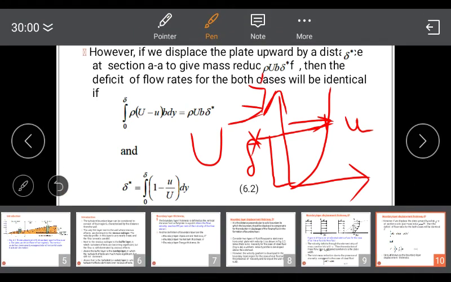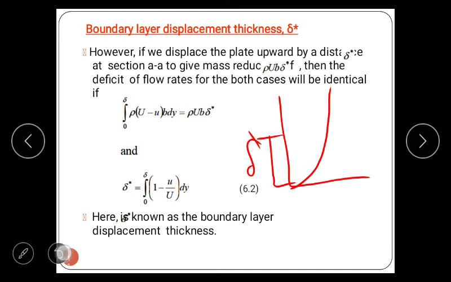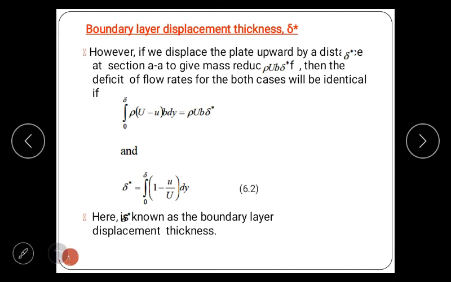From that we have taken this formula, and this formula is important for us. Once we remember this formula, the further formulas are also related with the same, with slightly more addition to the current formula for boundary layer displacement thickness.